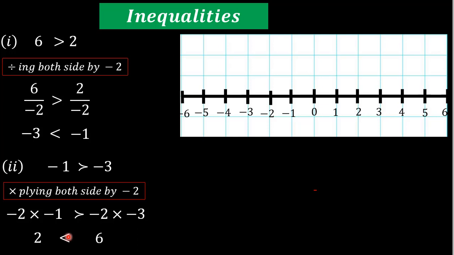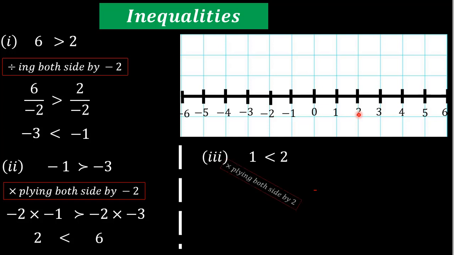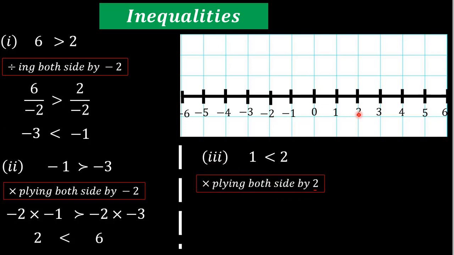Now what if we multiply or divide with a positive number? Let us consider one more example. 1 is less than 2. 1 is towards the left of 2, so 1 is lesser than 2. Now if we multiply 1 and 2 with a positive number, so you see that, students, if 1 is multiplied with 2 and the right hand side 2 is multiplied with 2, we will get 2 on the left hand side and 4 on the right hand side.